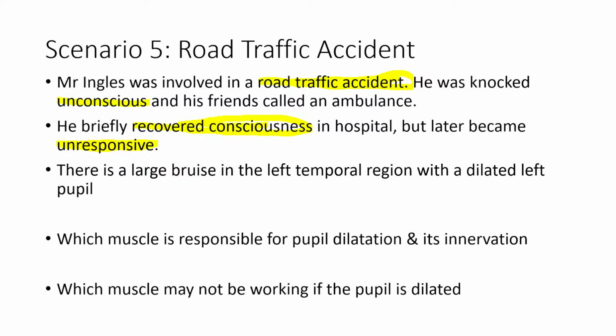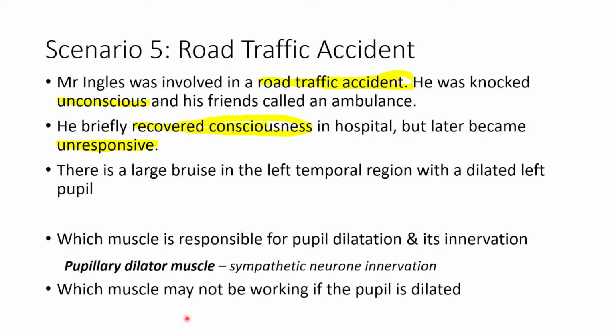So back to the anatomy: which muscle is responsible for pupil dilatation, and what is its innervation? That's the pupillary dilator muscle, and it has a sympathetic innervation. Now, which muscle may not be working if the pupil is dilated? Well, it's the pupillary constrictor muscle. And the reason this is important is because the diameter of your pupil is controlled by the balance between the sympathetic and the parasympathetic system.